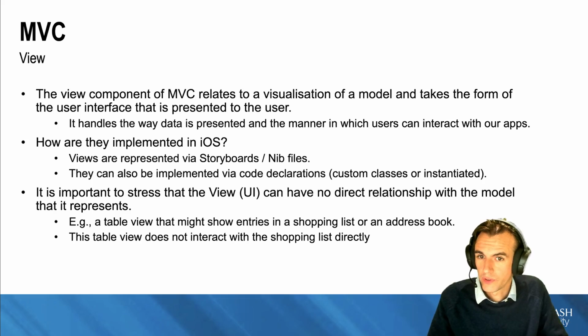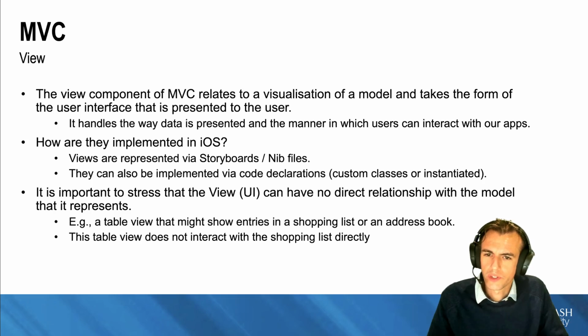How are these implemented in iOS? Well, they're implemented as storyboards or nib files, and you've seen a simple example of this already. And they can also be implemented via code declarations, as in you can create user interfaces via code. We'll see some examples of that later in the unit.